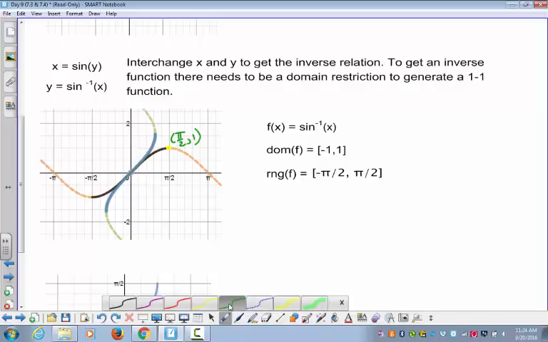So when we go to figure out the point on the inverse, we switch, we get 1 comma pi over 2. That's this point right here. All right? And what you learn in college algebra, inverses and functions are just reflections about y equals x. That's the geometric relationship. They reflect through that line.